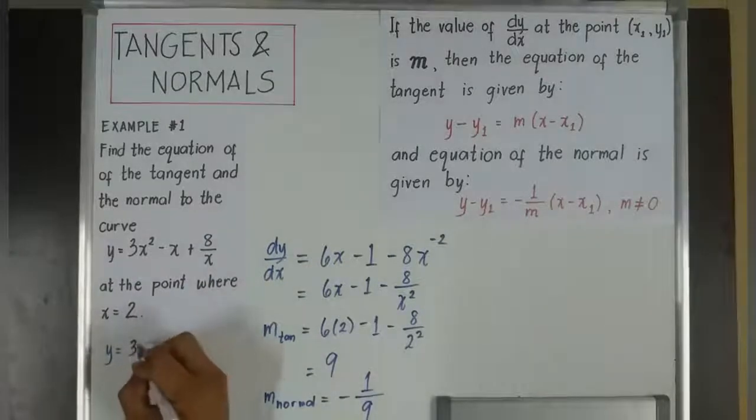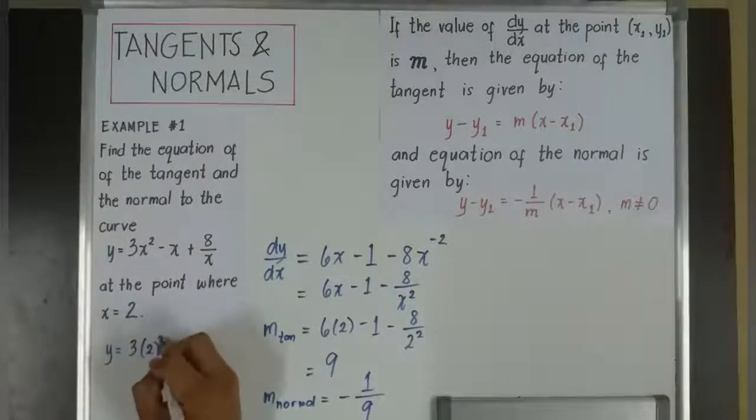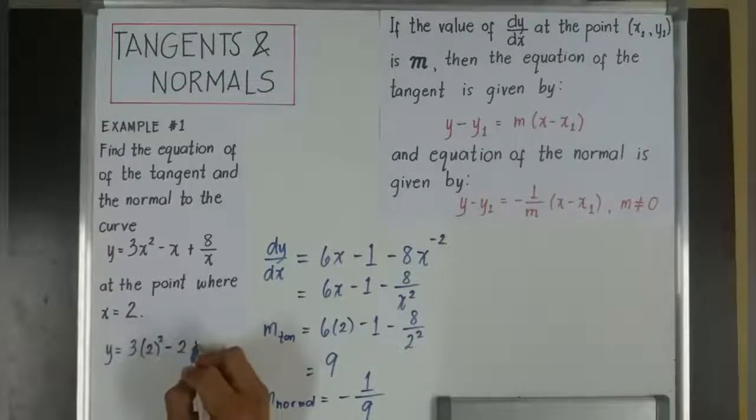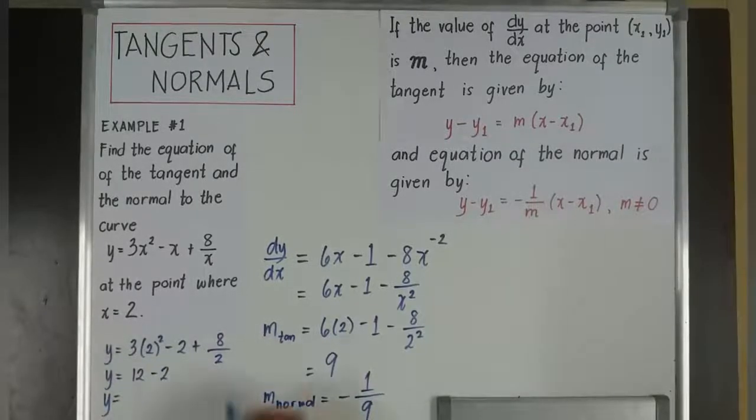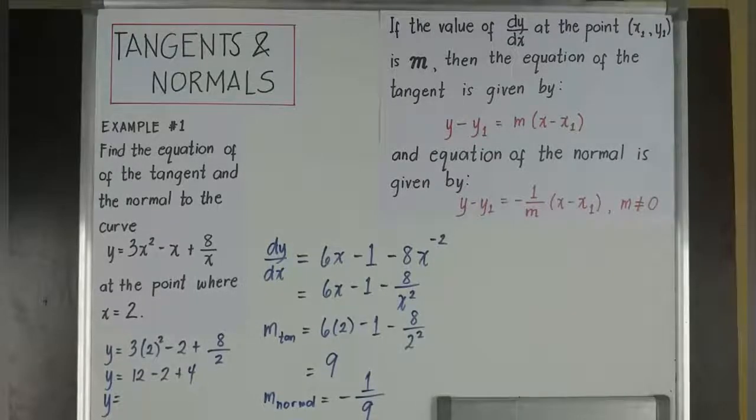So it will become 3 times 2 squared minus 2 plus 8 divided by 2. So y is 2 squared is 4, and 3 times 4 is 12. So y is equal to 12 minus 2, and 8 divided by 2 is 4. So 12 minus 2 plus 4. What is 12 minus 2 plus 4? 10 plus 4 is 14. So that's the value of y.